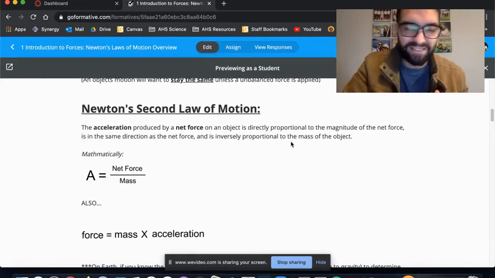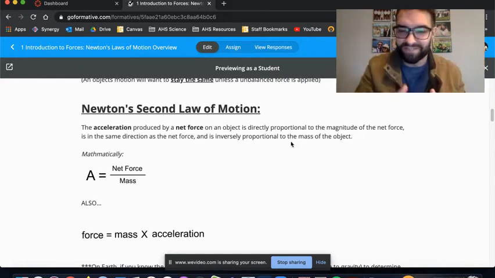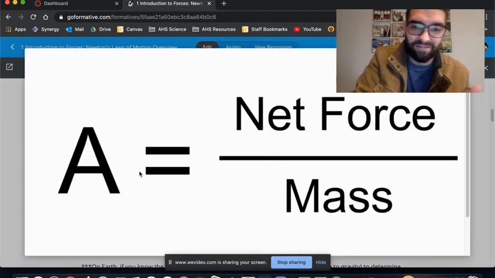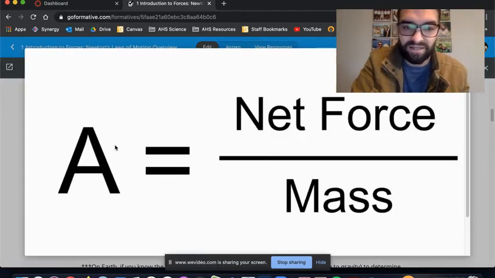Again, that doesn't necessarily make a whole lot of perfect sense, at least to me, right? You read that and you're like, what is it saying? But what it's describing is the mathematical equation. Okay, acceleration is equal to net force divided by mass.